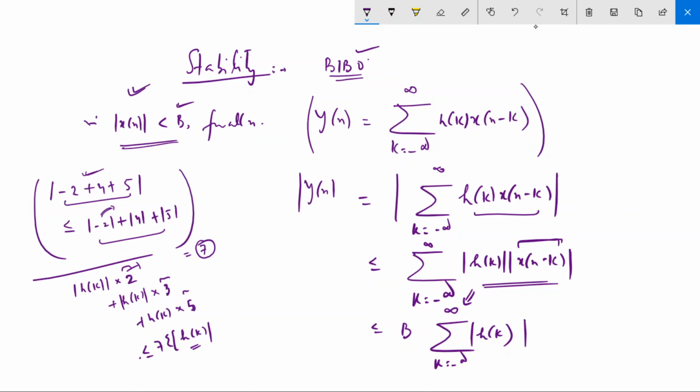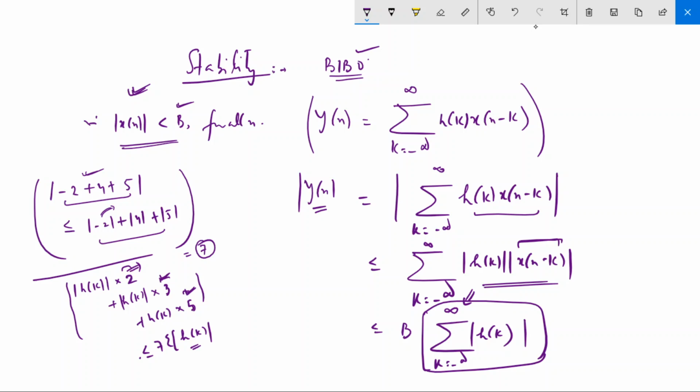These factors may have different values, but what is the maximum possible value? That is b. So if I assume that each value is b, this entire summation must be less than this summation. This is what we have done here. So if your input is finite, bounded, your output will be bounded if this summation is less than infinity.